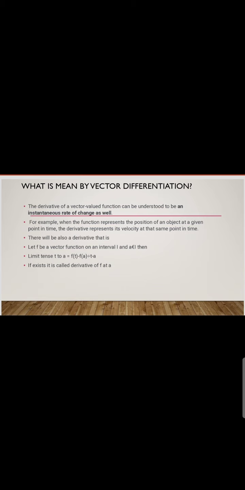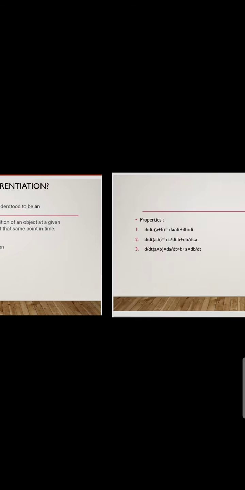There is also a derivative. Let f be a vector function on an interval I and a belongs to I, then the limit as t tends to a of (f(t) minus f(a)) divided by (t minus a), if it exists, is called the derivative of f at a.